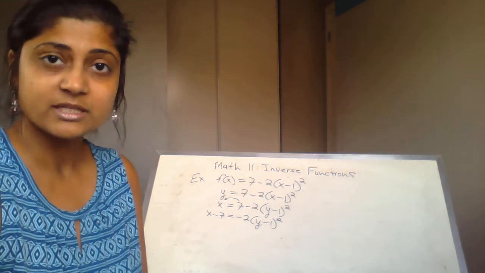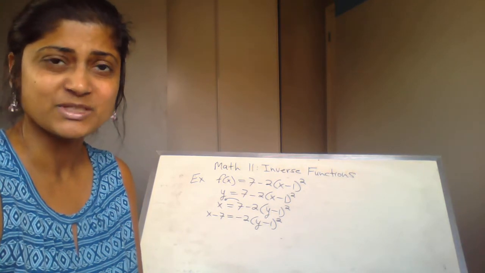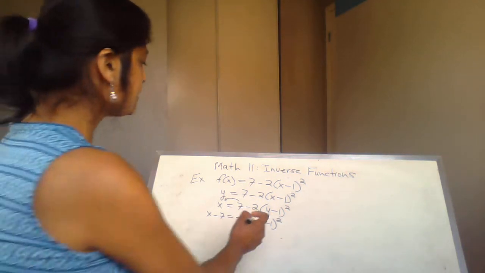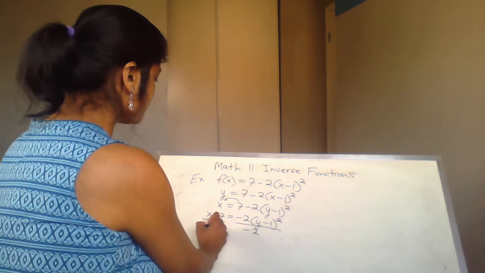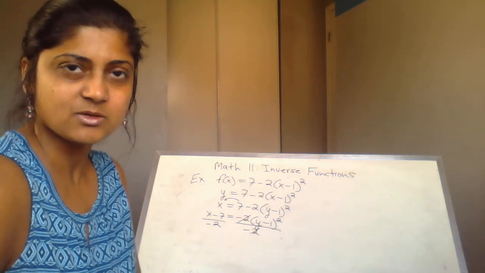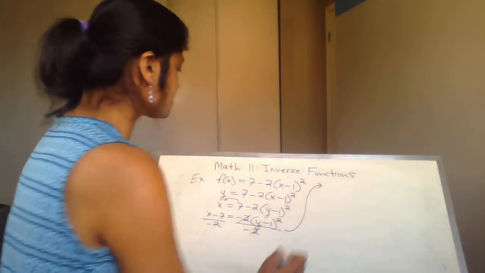Again, if you don't get the final answer at the end, the teacher will still give you part marks for that. And in the next step, before we take the square root, I want to make sure I'm dividing by negative 2 on both sides, because I want it to just cancel out here. So I'm left with my function right here. Let's take it to the top here.